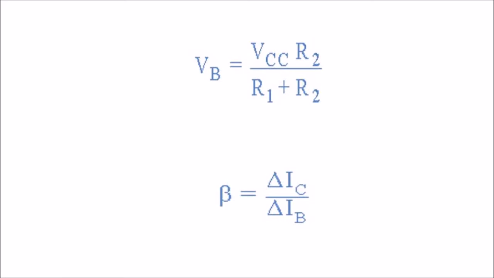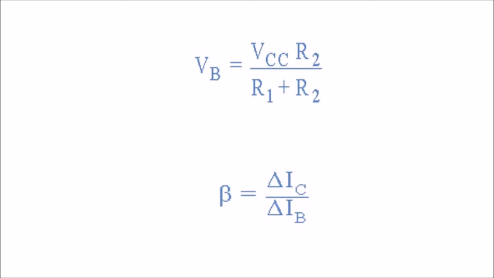The beta is sometimes referred to as hFE, which is the transistor forward current gain in the common emitter configuration. The beta has no unit as it is a fixed ratio of two currents, IC and IB. So a small change in the base current will cause a large change in the collector current.